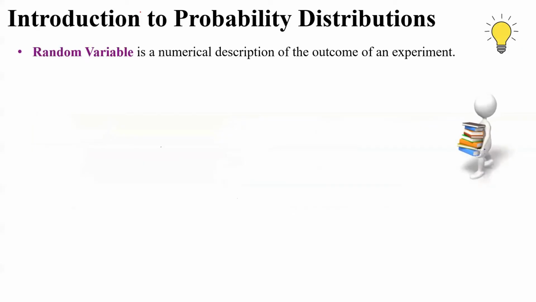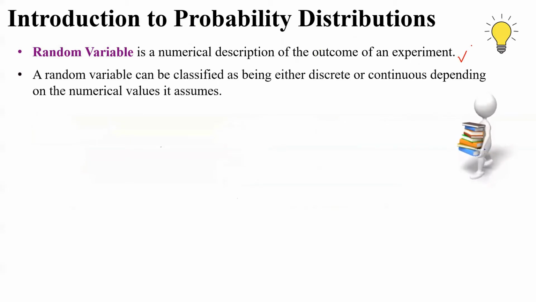All right. A random variable, as you know, is a numerical description of the outcome of an experiment. We already discussed this in the previous lectures. So random variables mean we choose samples from the population randomly. The random variable can be classified as being either discrete or continuous, depending on the numerical values it assumes.